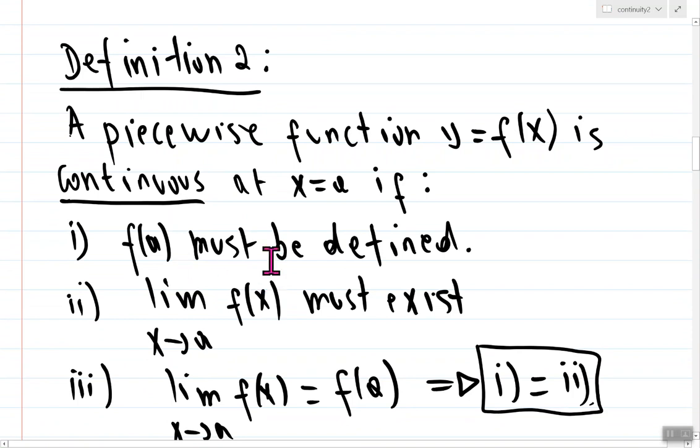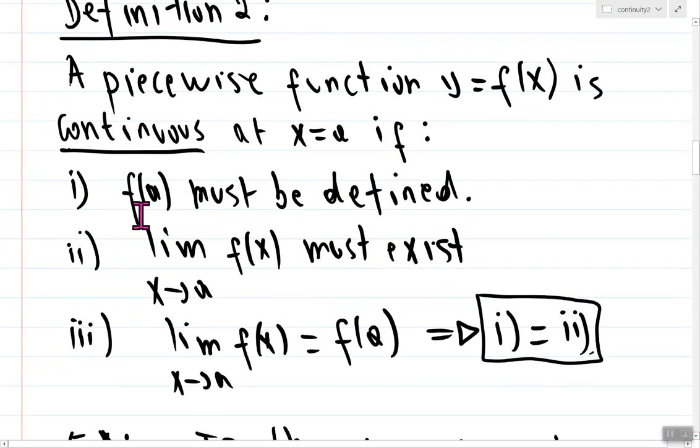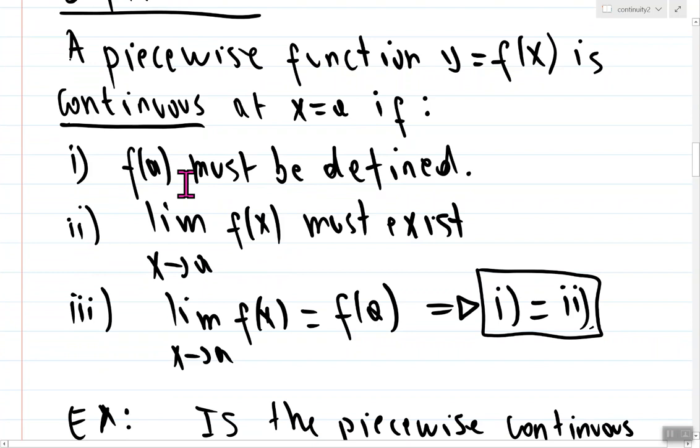We say a piecewise function y equals f of x is continuous at x equals a if, first, the function evaluated at a must be defined. So f of a must be a number. It must not be infinity or negative infinity or undefined. Second condition, the limit of f of x as x approaches a must exist. The limit must be a finite number.